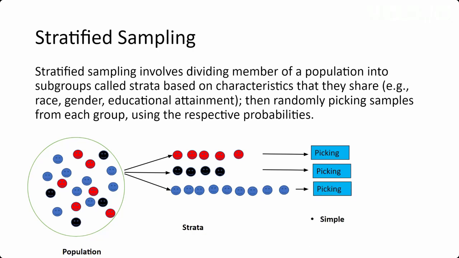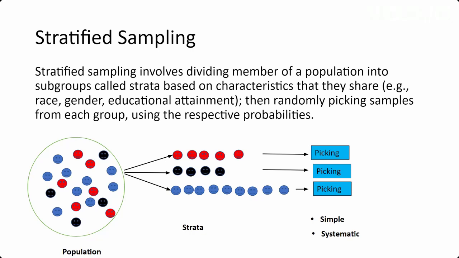And when picking samples, you can use simple random sampling or systematic random sampling, those two earlier discussed sampling systems. That's why I mentioned earlier on that these sampling methods can be used to complement or supplement each other.